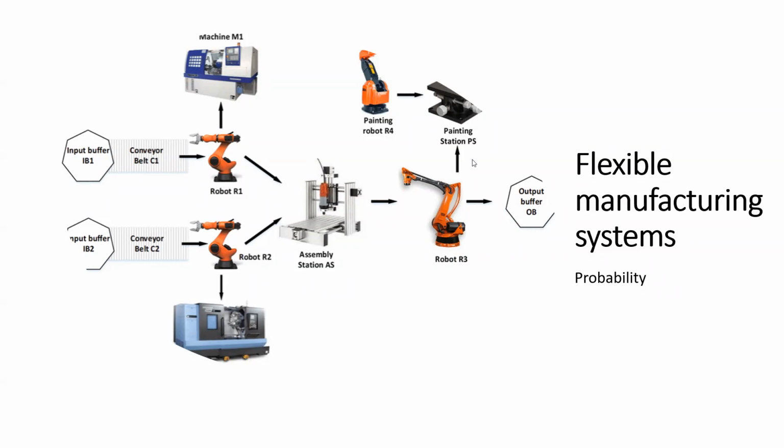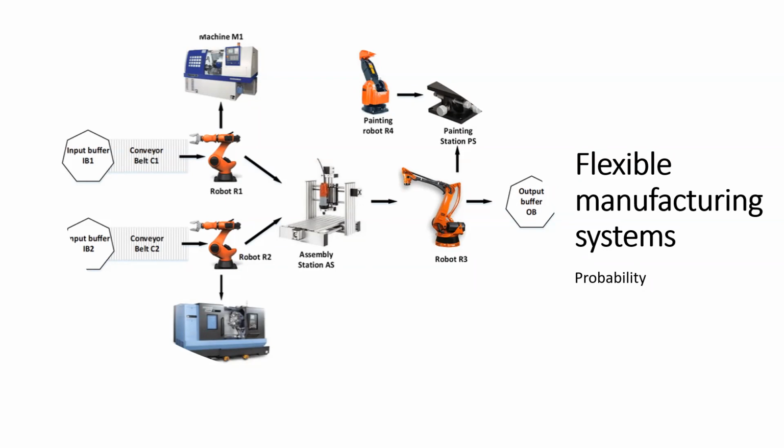Okay, good afternoon. In the last class, we saw what flexible manufacturing systems are, and we also analyzed their technological components. In addition, the term variability was mentioned, and its impact on the performance of the manufacturing system was discussed in the first classes of this course.